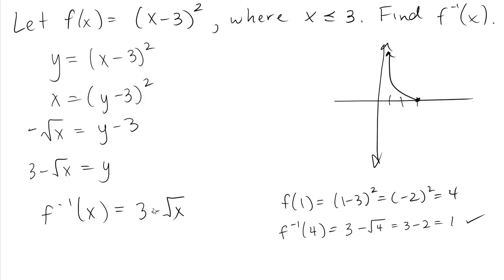What if we had selected the plus option here instead of the minus? What if we hadn't put the negative in front like we're supposed to? When we plug 1 in here, we still get 4. But now when I add here instead of subtracting, I would get 5, which is not in the domain of the original function. We don't get back to where we started. And why is that?